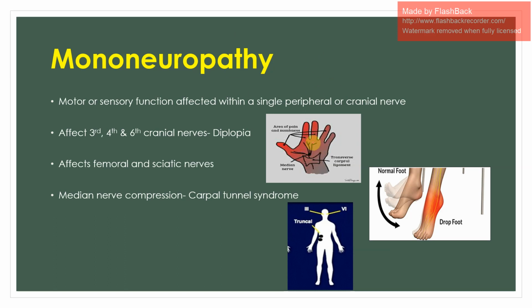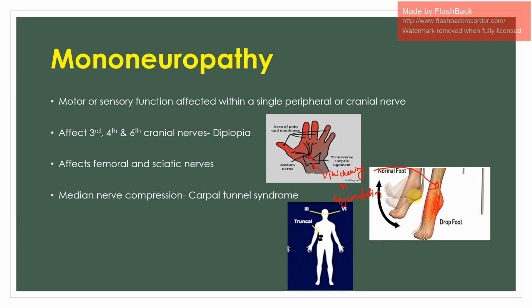What happens in diabetic neuropathy is there is glycosylation. Due to glycosylation, there is thickening of the median nerve. Not only the median nerve, even the lateral popliteal nerve is thickened.